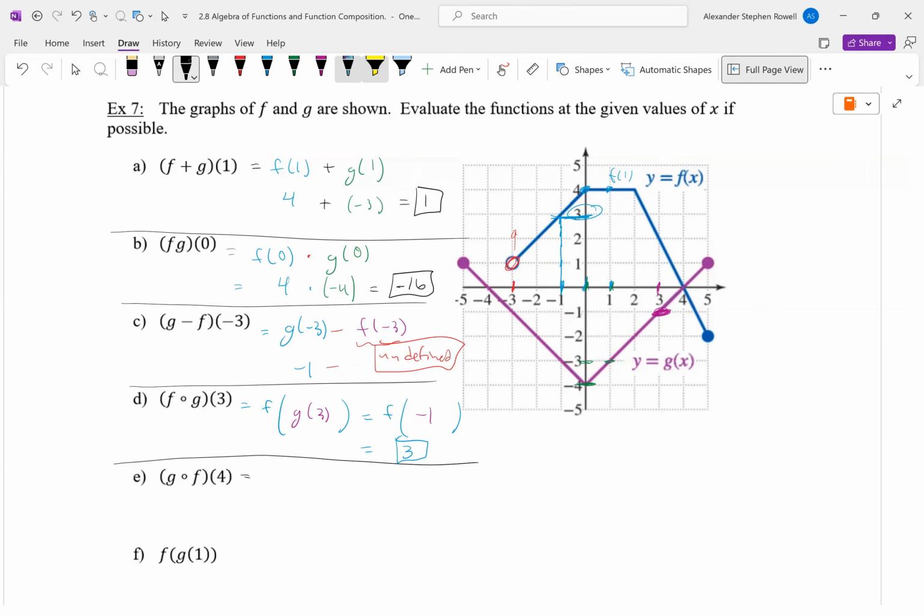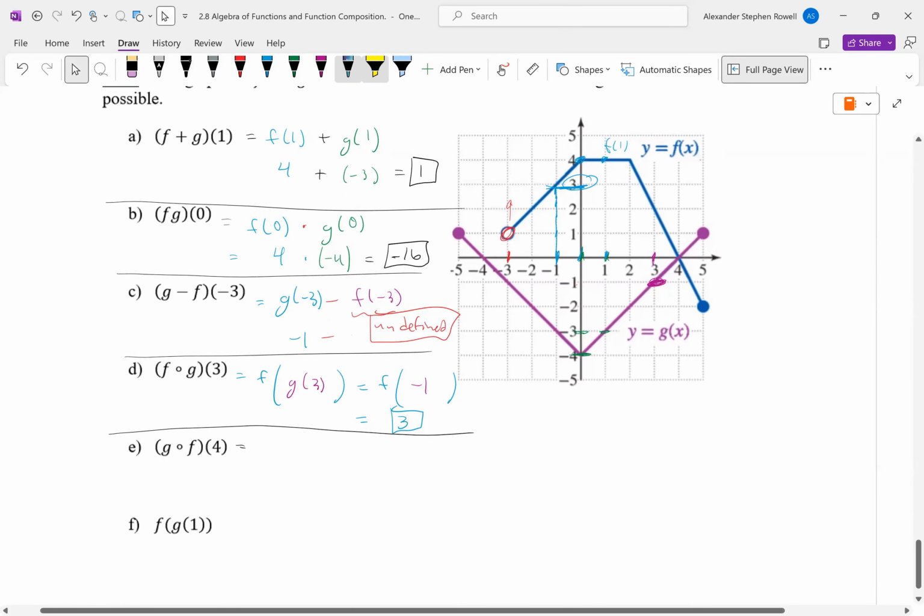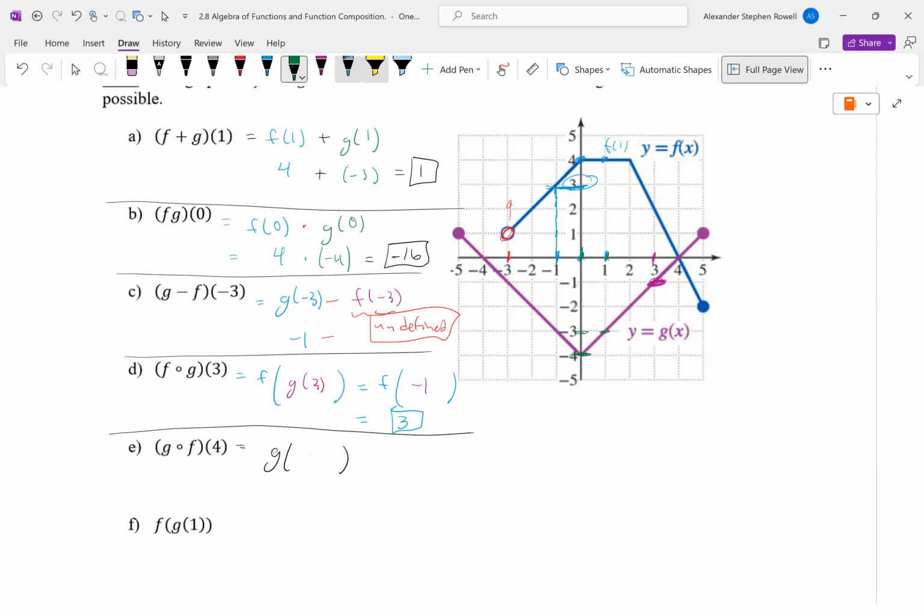All right, the last one we'll do is g composed of f of 4. g of f of 4. So what's f of 4? I go to x is 4. And what's my y value? 0. That's right. And g of 0.